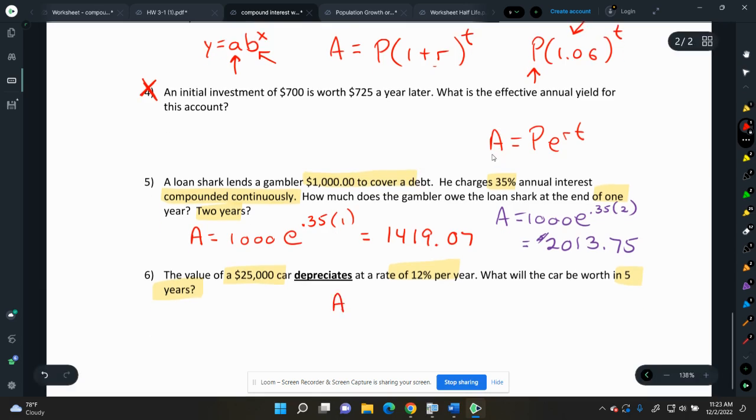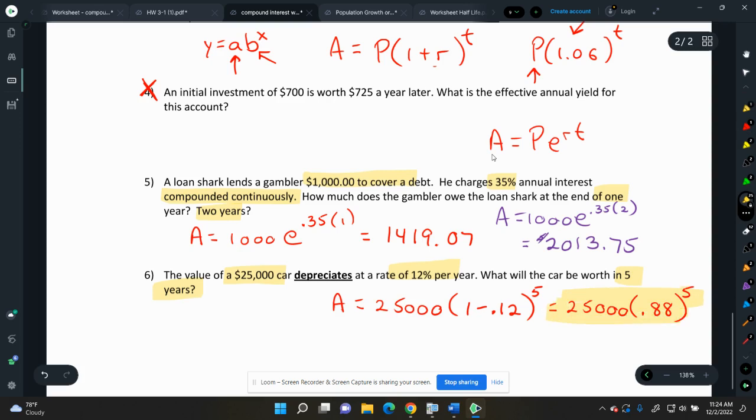So what we're going to do is we're going to have our initial amount of $25,000, but instead of adding 12%, I'm going to subtract 12%. It depreciates at a rate of 12% per year, so we don't have any compounds to worry about. And this is going to be for 5 years. So my formula looks like 25,000 times 0.88 to the 5th power. This is another example of types of questions you might see on your SAT.